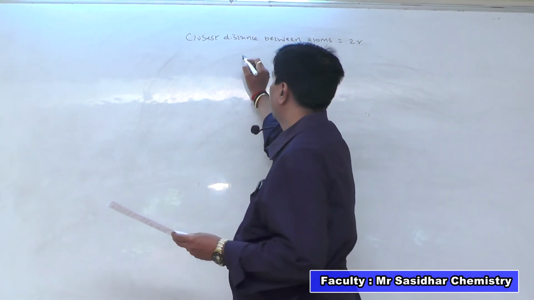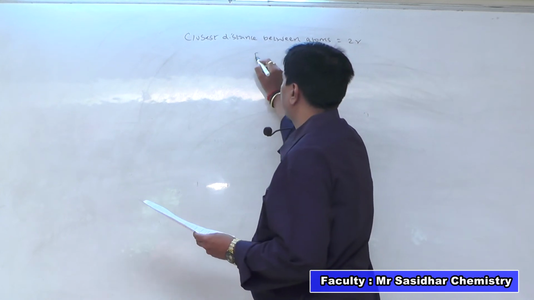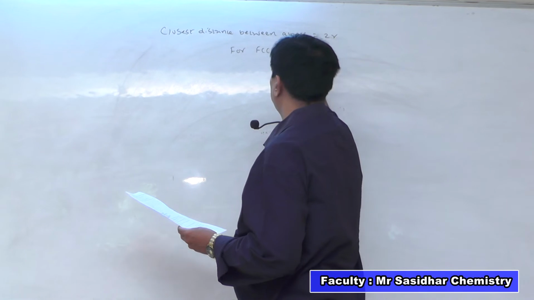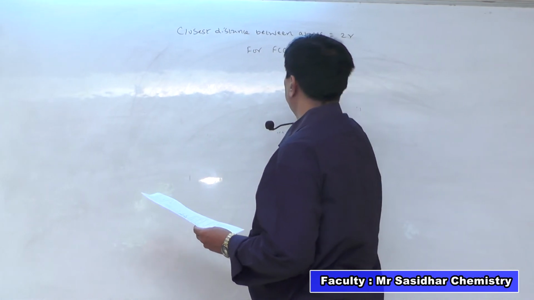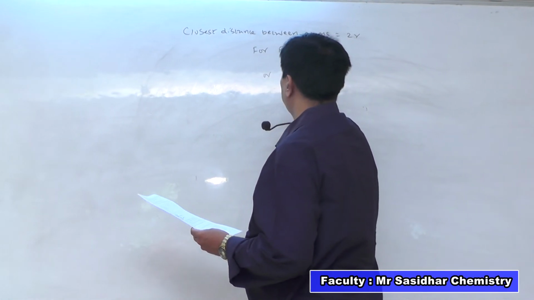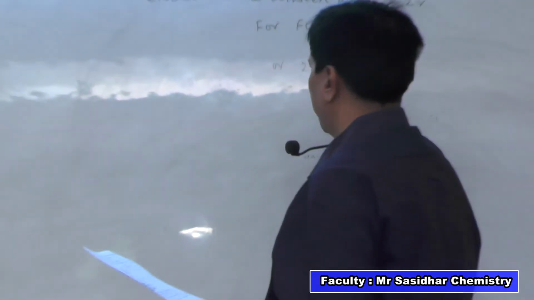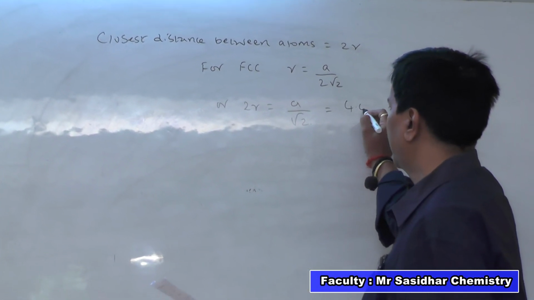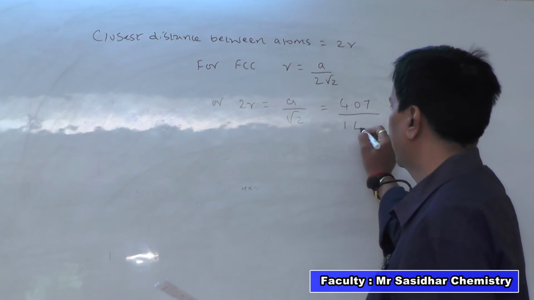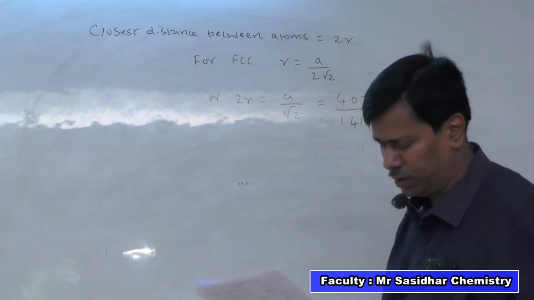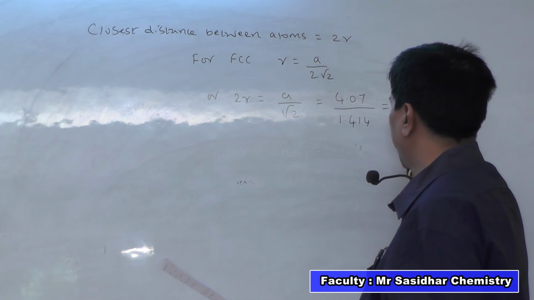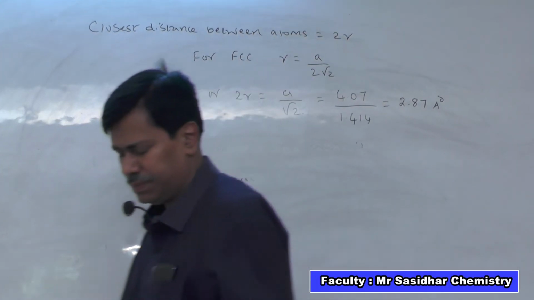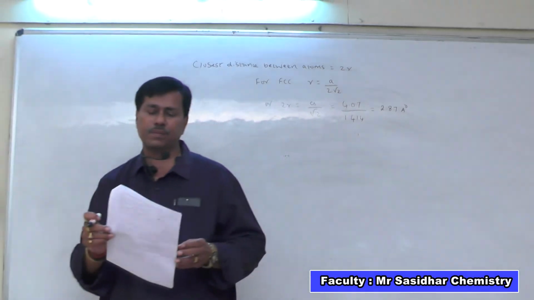Okay. And for FCC, r equal to a by 2 root 2 or 2r equal to a by root 2. So 4.07 by 1.414, this comes to be 2.87 angstrom. That is option number 1.